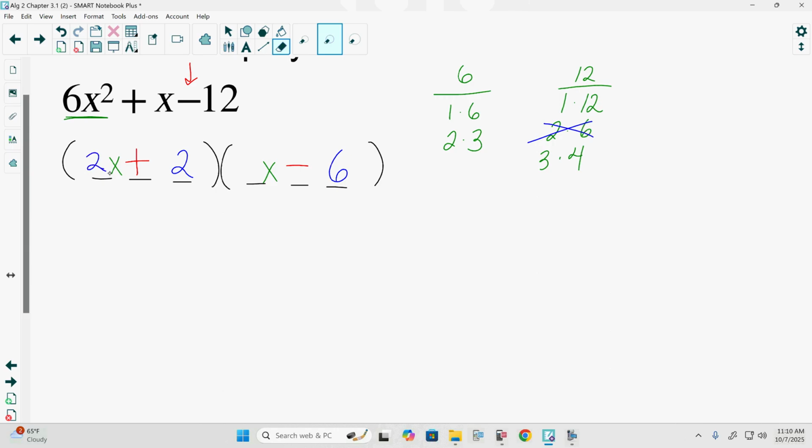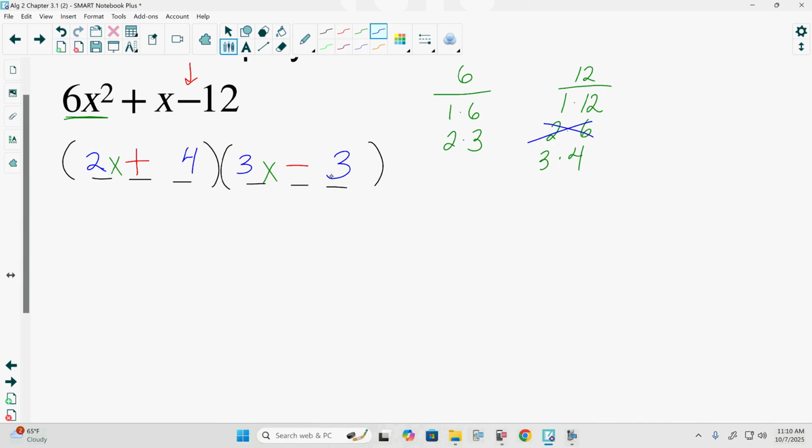So I could pick 2 and 3 for 6x squared. But I know immediately that 2 and 6, no matter how we set it up, is not going to work. So would we want to try 1 and 12 or 3 and 4? 3 and 4. Because I know if we put 4 here and 3 here, 2x and 4 would have a greatest common factor of 2.